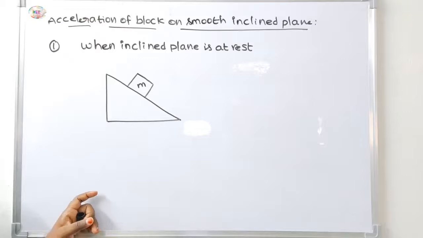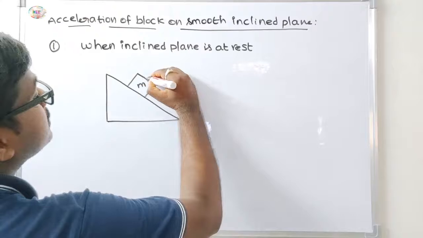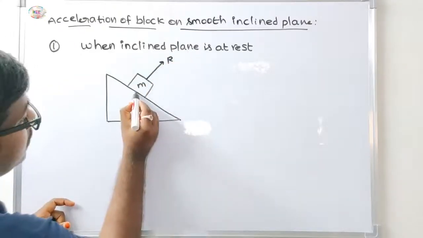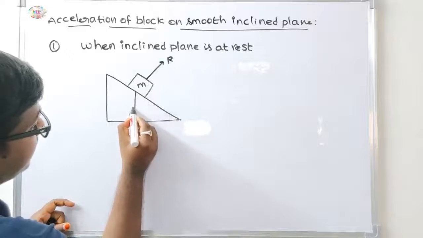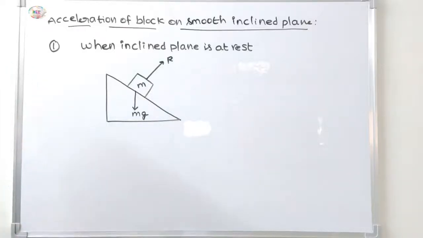The normal reaction is acting in the upward direction. mg, the gravitational force, is acting in the downward direction, making an angle theta.